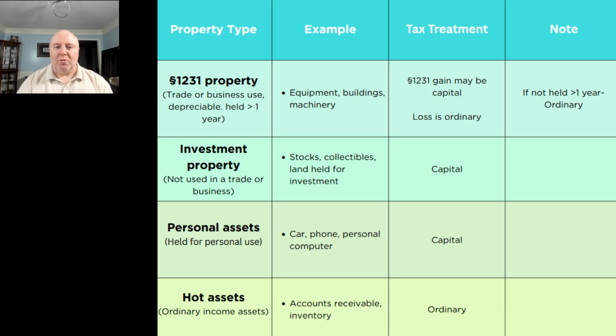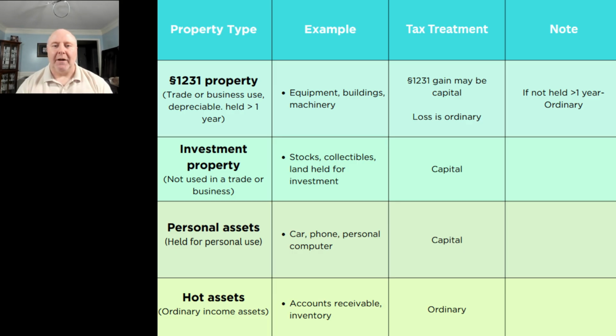Now, I'm going to teach you a shortcut that helps you figure this out, and you shouldn't have any problems with these types of questions after this recording. Let me say before we move on that with a 1231 asset, if there is a loss, we treat 1231 losses as ordinary losses.